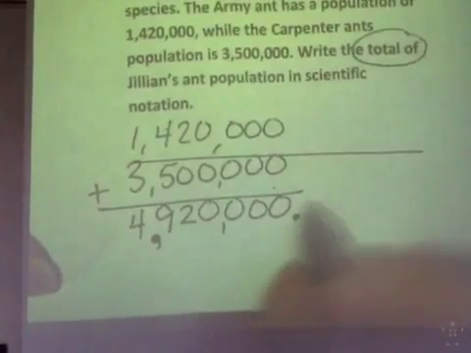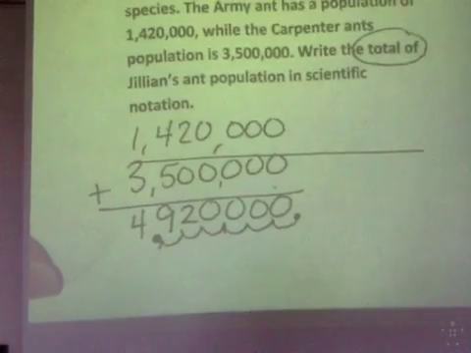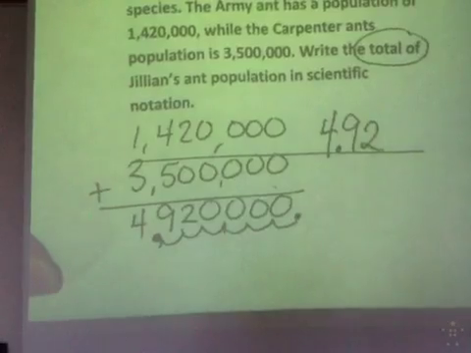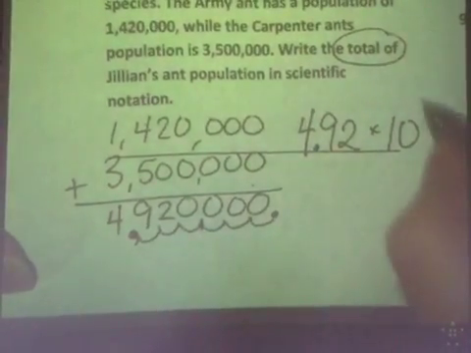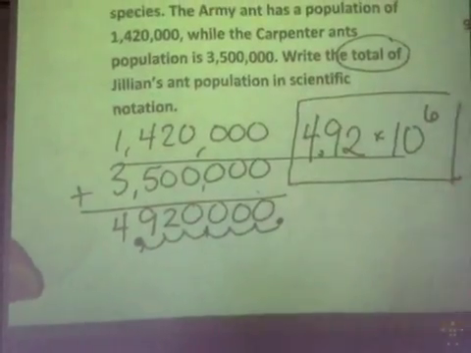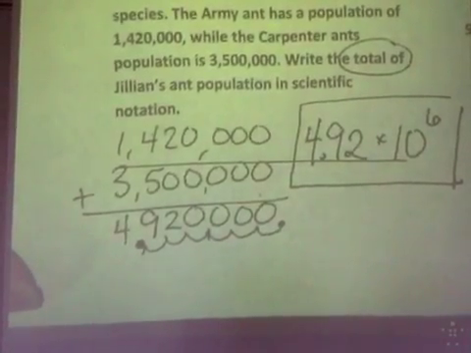So I'm going to move it 1, 2, 3, 4, 5, 6 times. To rewrite it, I would say 4.92 times 10, and then I said I moved it 6 times, so my exponent is 6. So that really big number, we just wrote it in a much easier way using scientific notation.